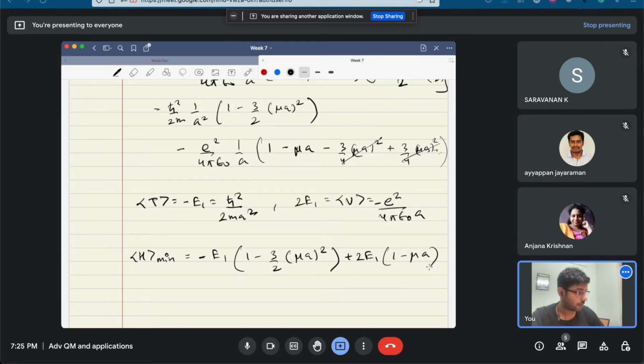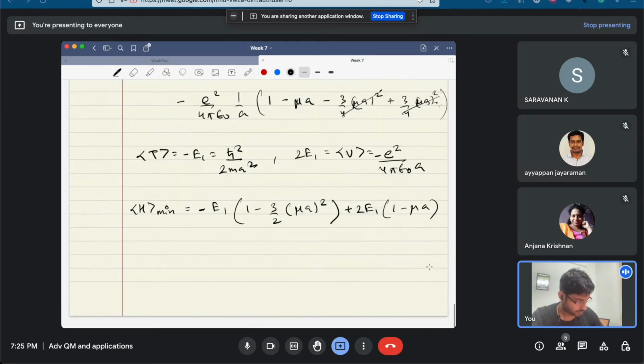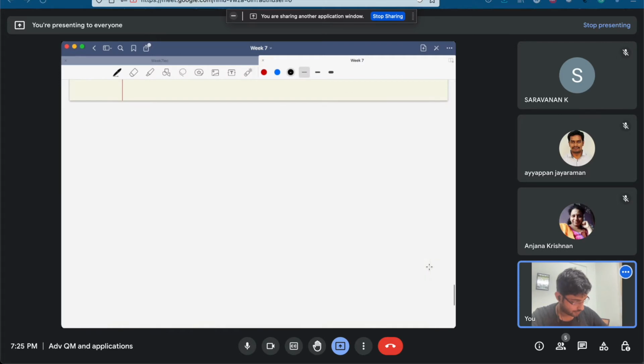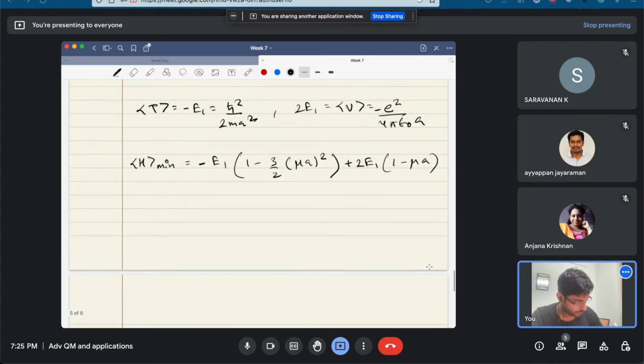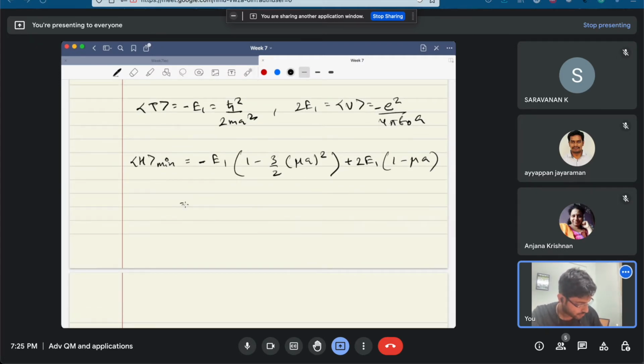Okay, so from here on, simply just algebra, square plus 2E1 minus 2E1 mu a.